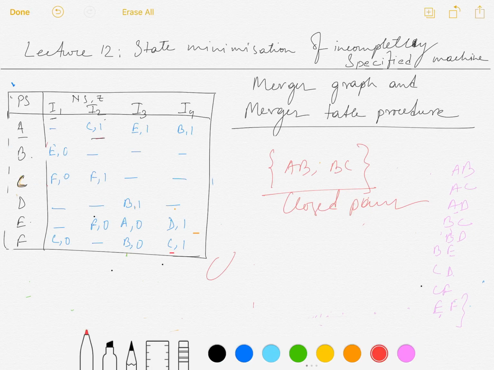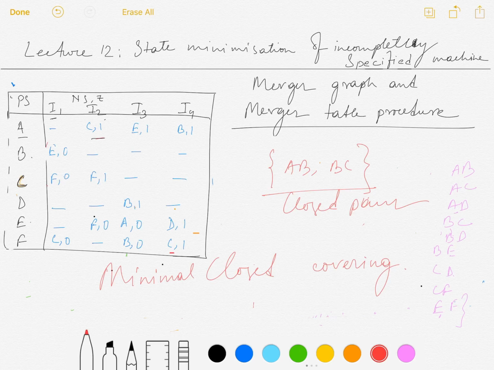Now, I need to find the minimal closed covering. This pair is closed, but is it covering? Covering means, is it covering all the states present in my machine? My machine has A, B, C, D, E, F, 6 states. It contains only A, B and C, but what about D, E, F?